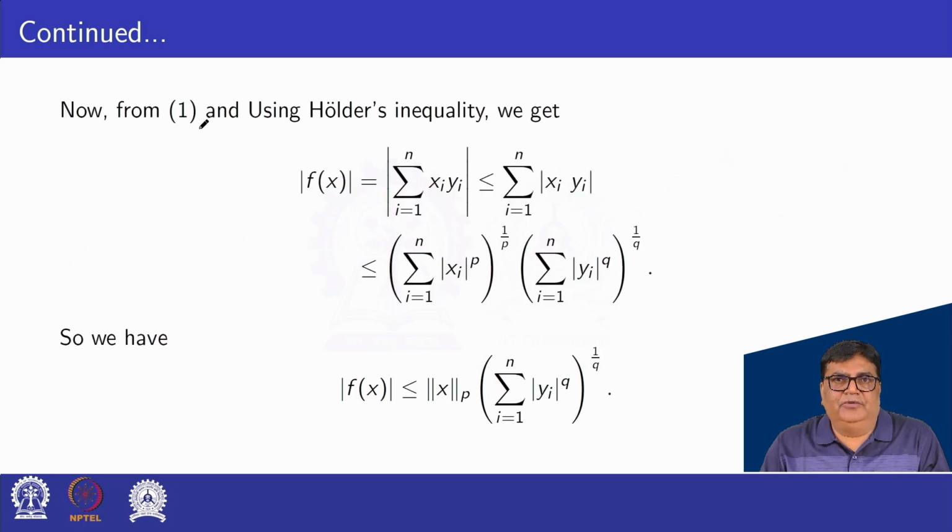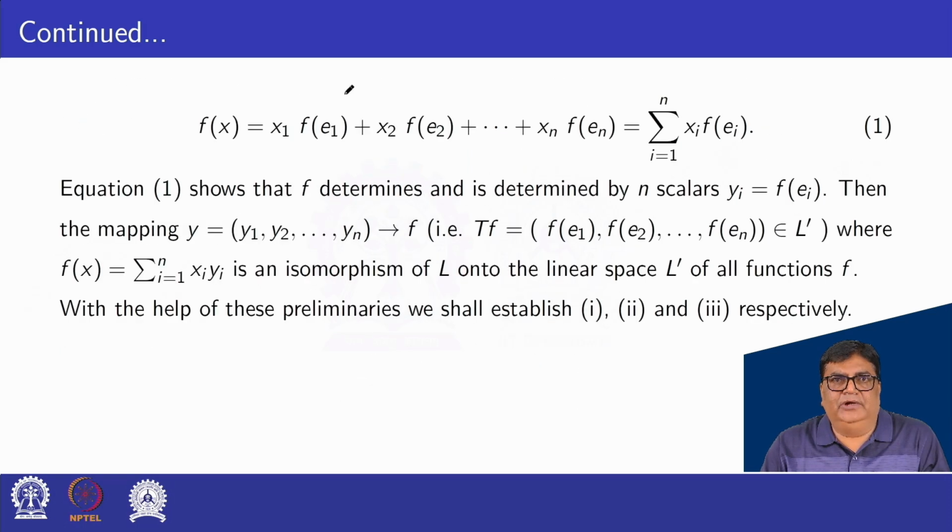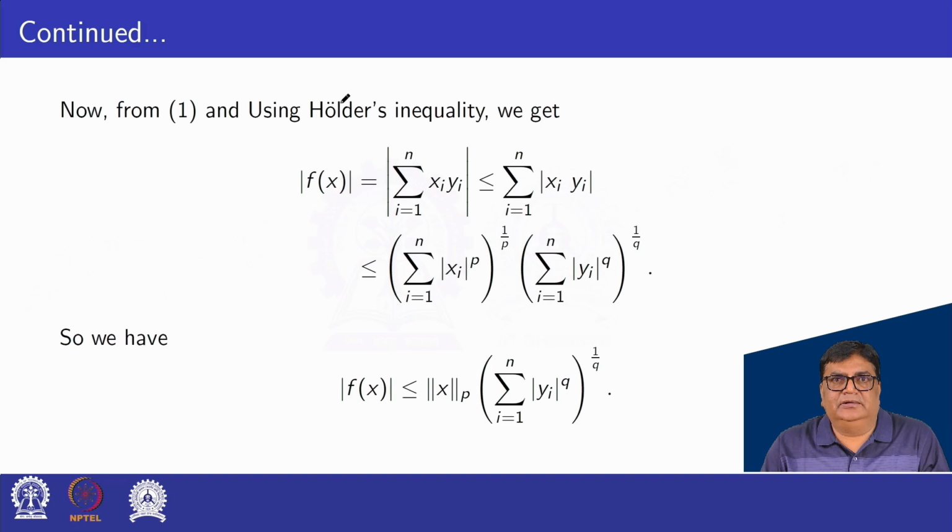Now from equation 1 and using Hölder's inequality, we get f(x) = summation i = 1 to n of xi yi.